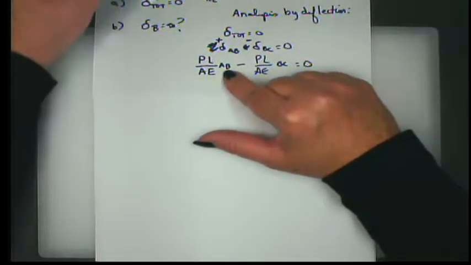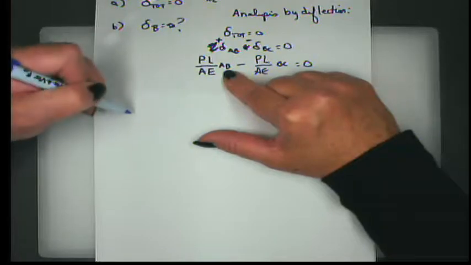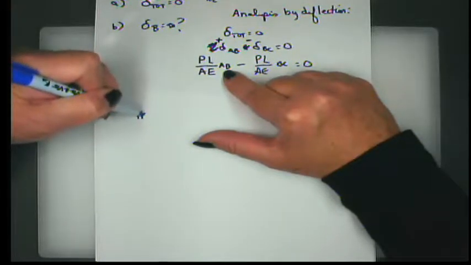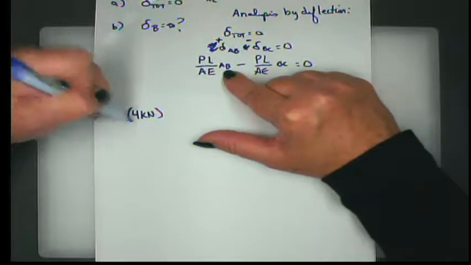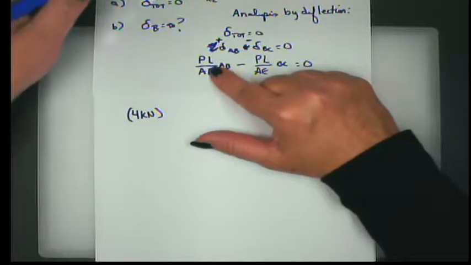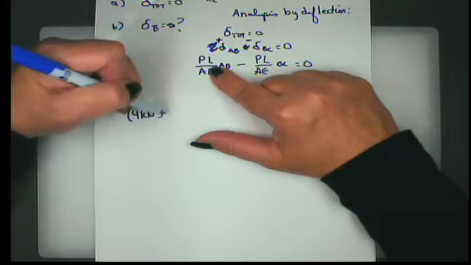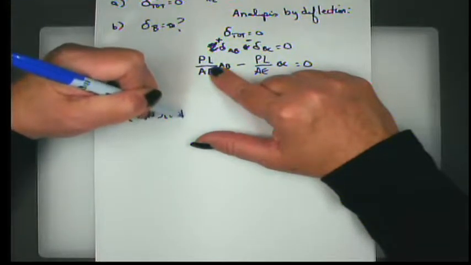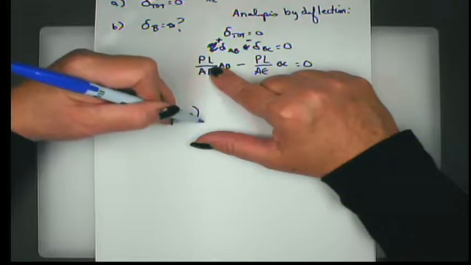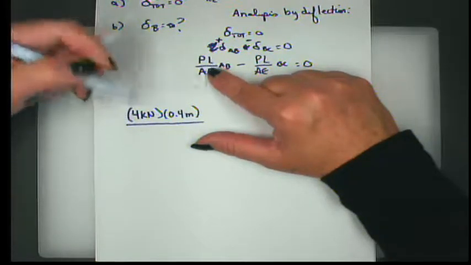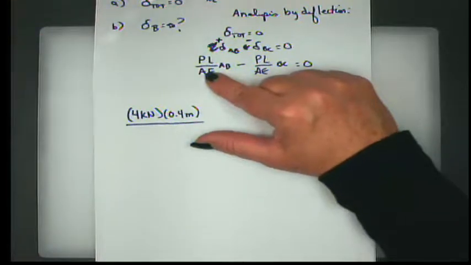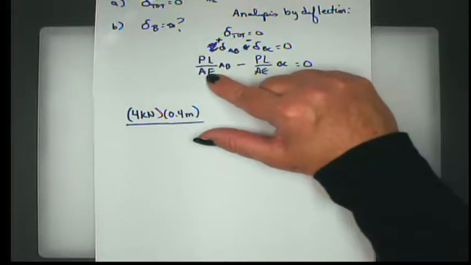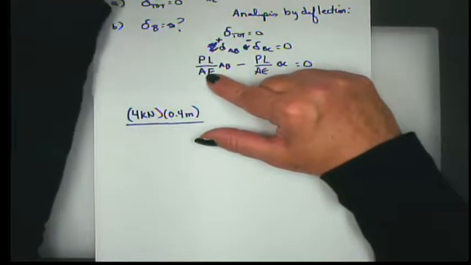So what is my P in AB? Well, that's just going to be the 4 kilonewtons, isn't it? And I'm going to go ahead and write out my units because I just want you to see how they come out. My L of AB is 0.04 meters. The area, it's a cylindrical structure, and we're told that it's 20 millimeters in diameter.